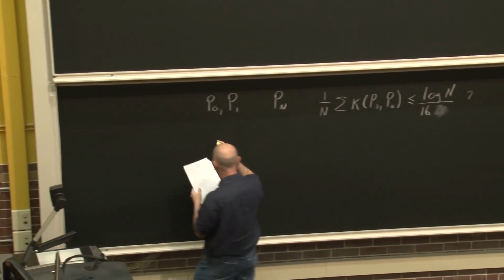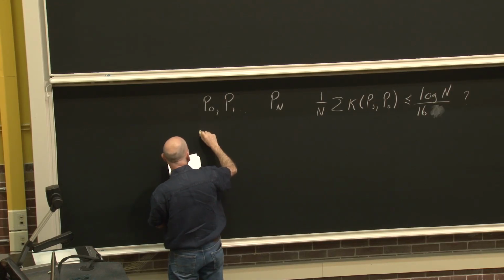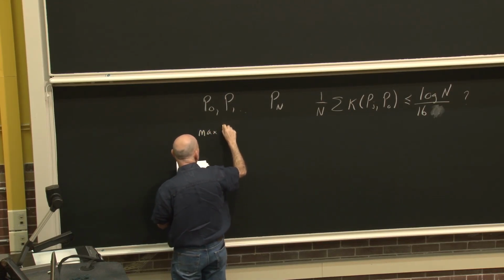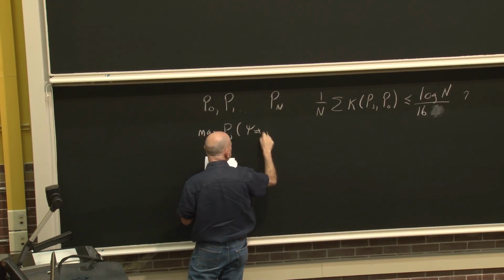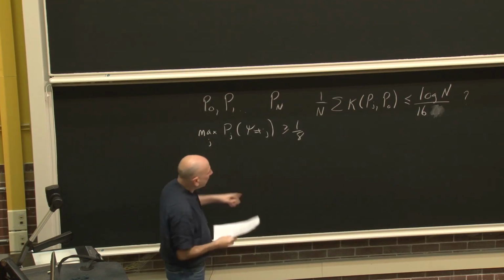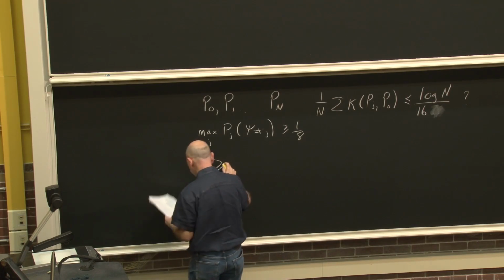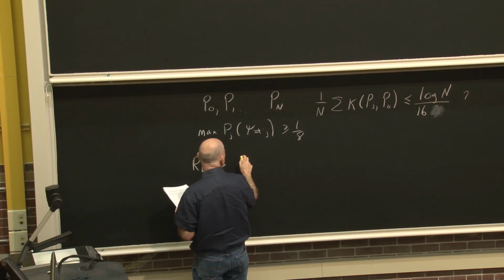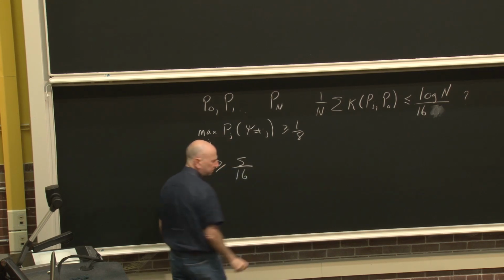So if this condition holds, then we get that the maximum over j of the probability that psi is not equal to j is bigger than an eighth. And when we combine that with the s over 2 in front, we get that the minimax risk is bigger than or equal to s over 16.